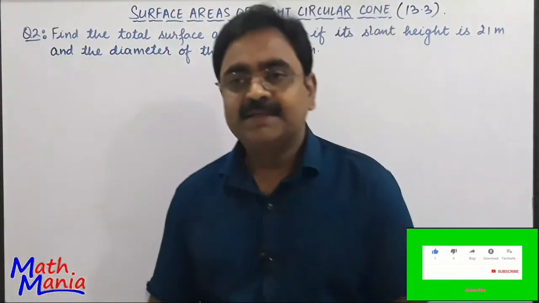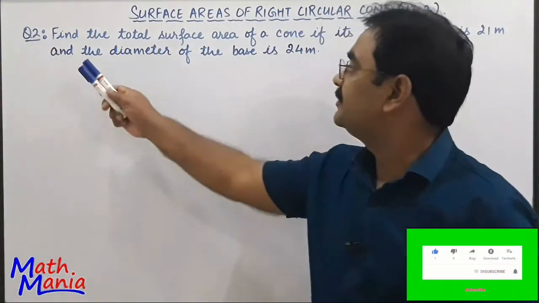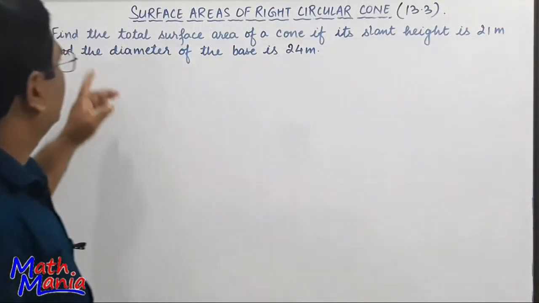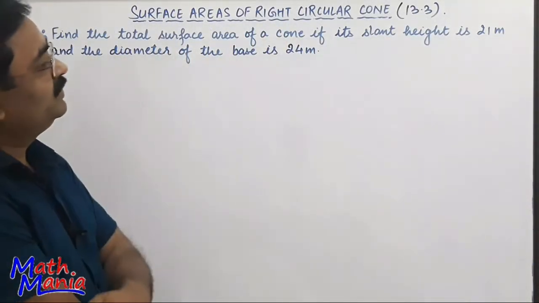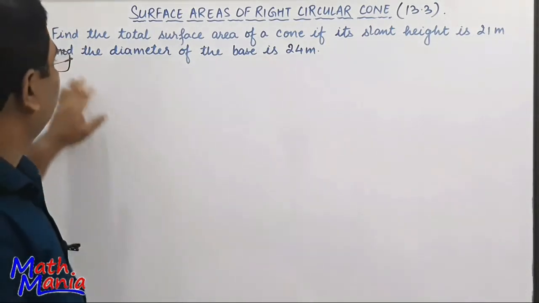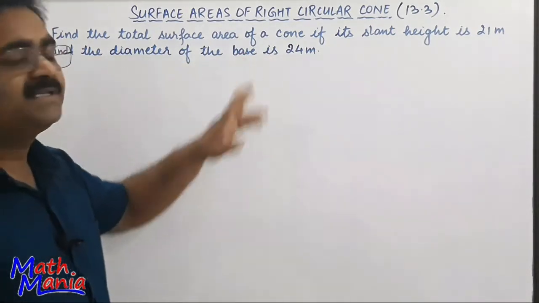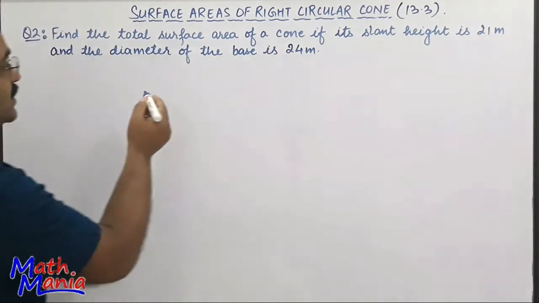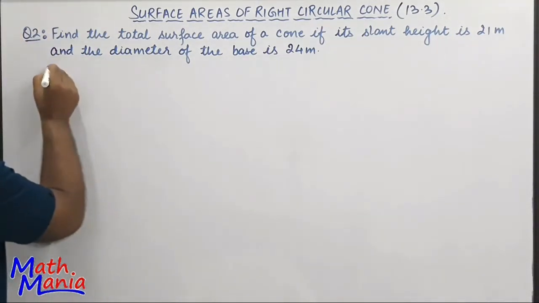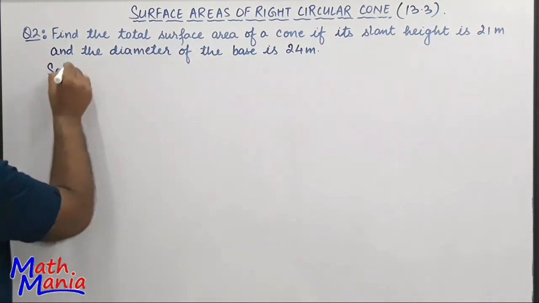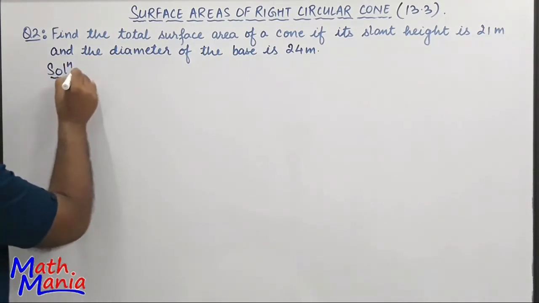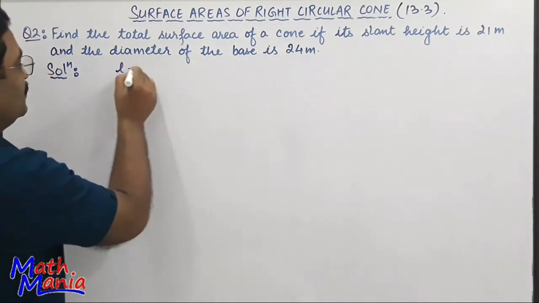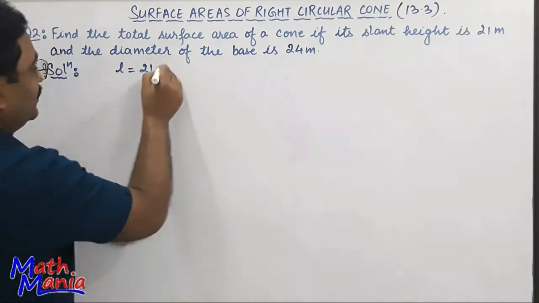So friends, let's see the second sum of this exercise. In this it is given: find the total surface area of the cone if its slant height is 21 meter and diameter of the base is 24 meter. So the information which is given in the solution: slant height is 21 meter, so l equals 21 meter.